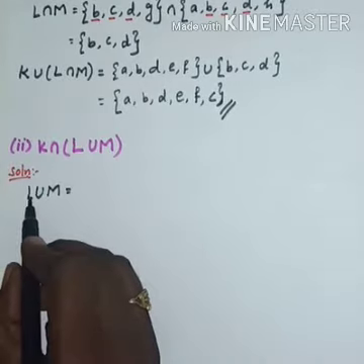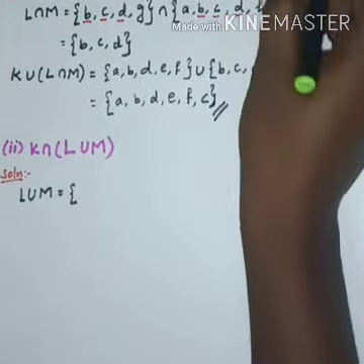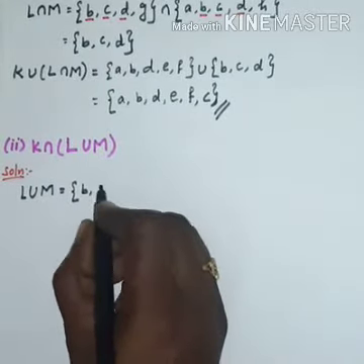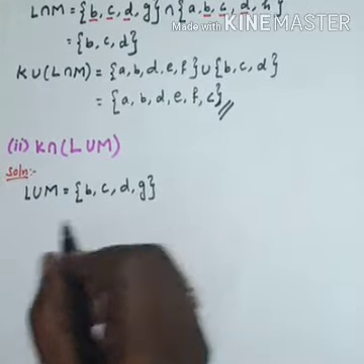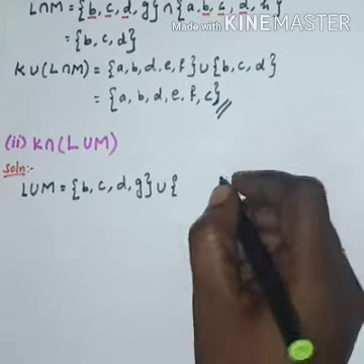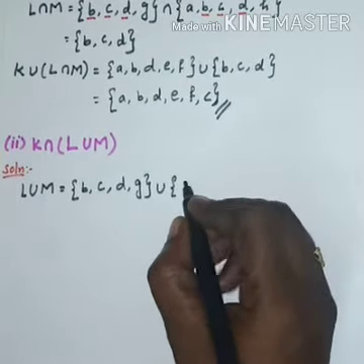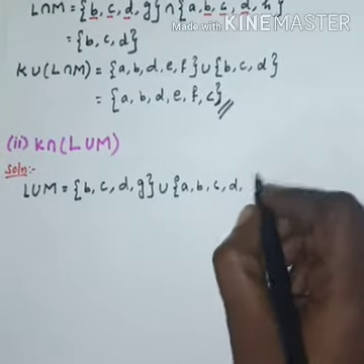So what is L here? Given in the sum, L is nothing but B, C, D, G, and put the union symbol again. And what is M? Given in the sum, M is nothing but A, B, C, D, H.